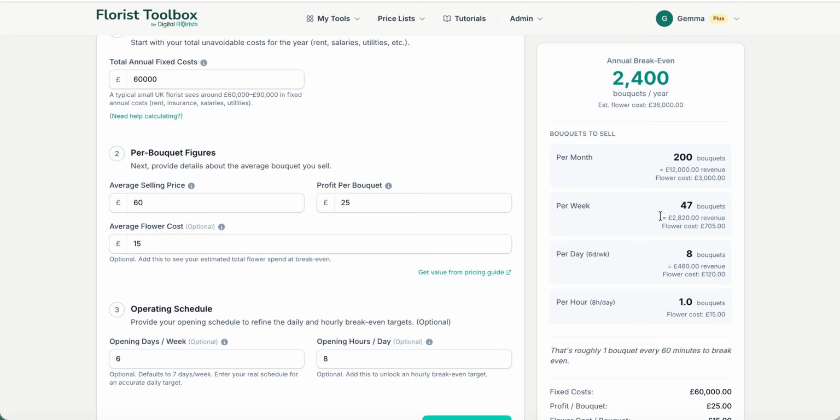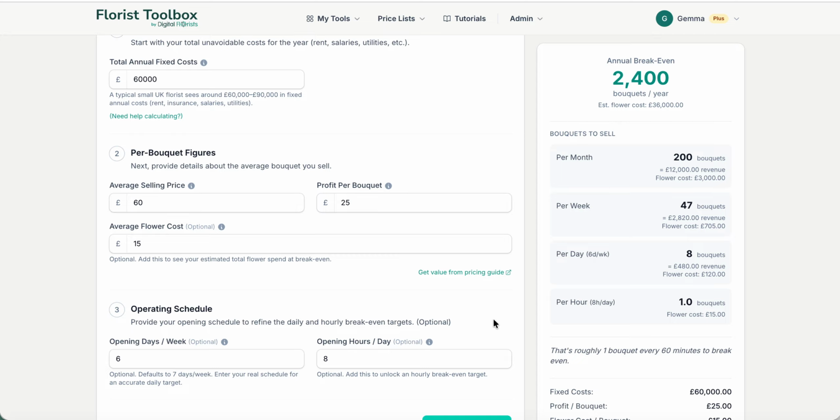So in this example, we would need to have spent at least £705 a week in flowers to be able to cover the cost of that amount of bouquets at those markups.